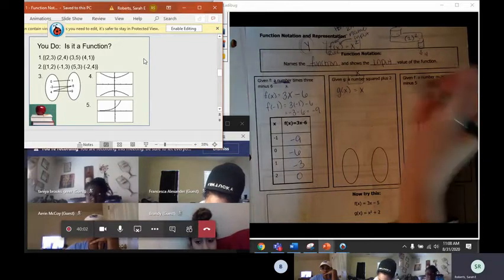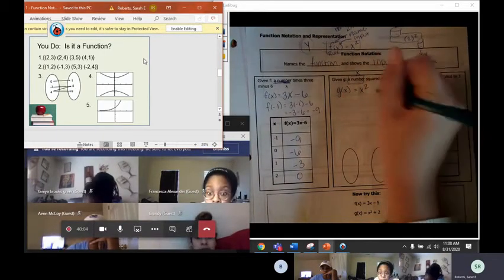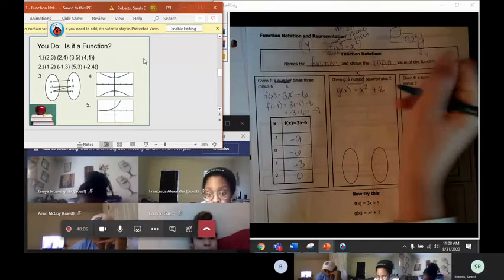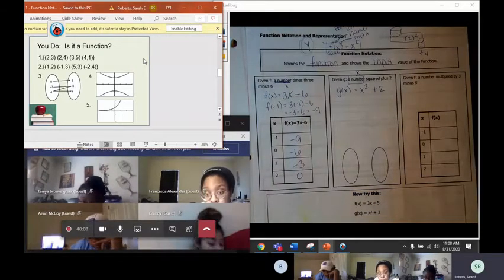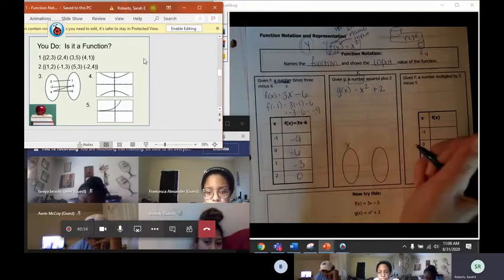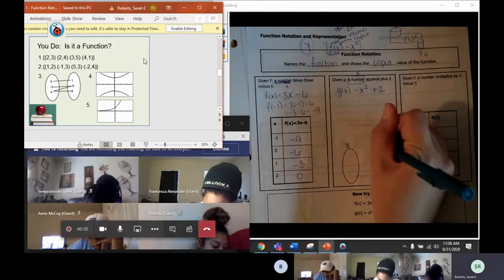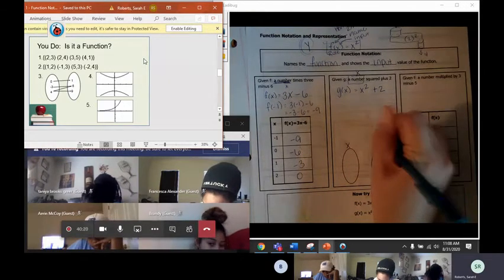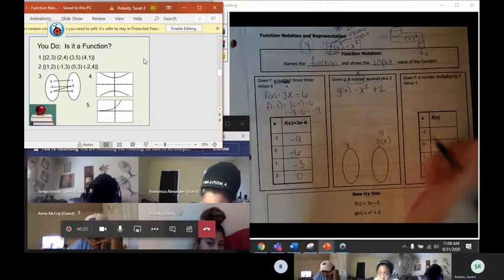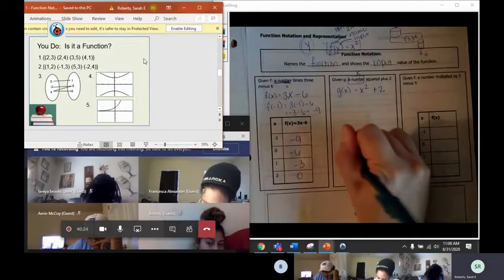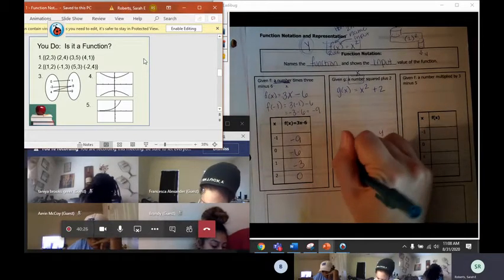And we're going to square it, and then we're going to add 2 to it. x squared plus 2. All right, and we want our x values here. And then these are going to be our g of x or y values here. And let's do -1, 0, 1, and 2.